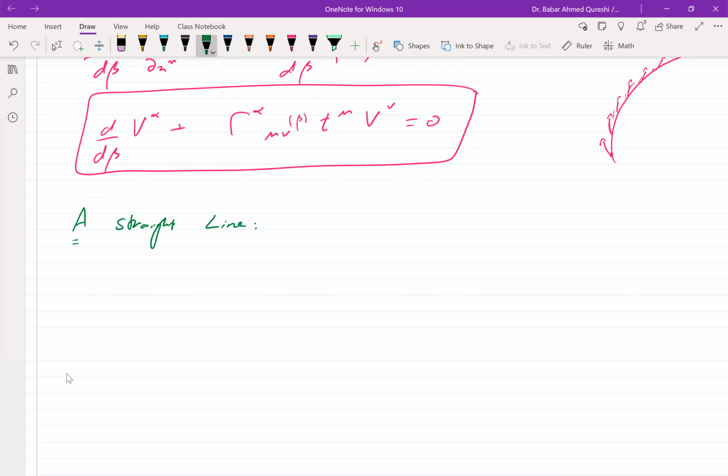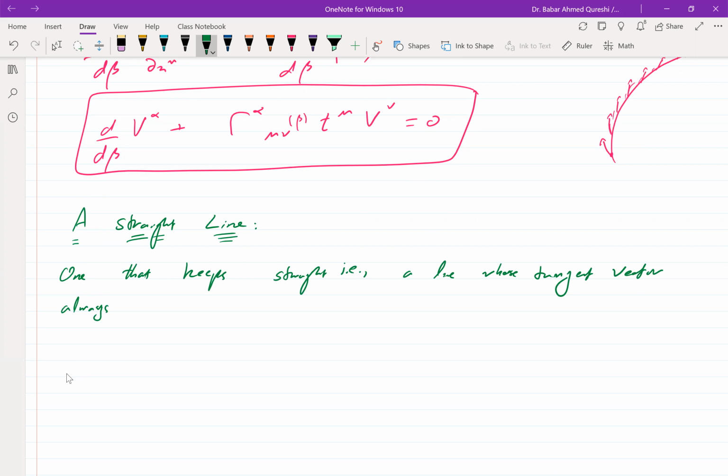You're defining the straightest possible line, one that keeps straight. What could that mean? A line whose tangent vector always points in the same direction.